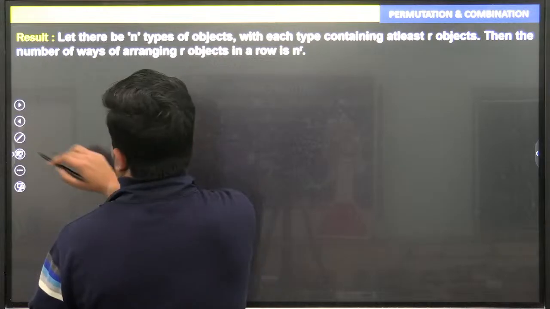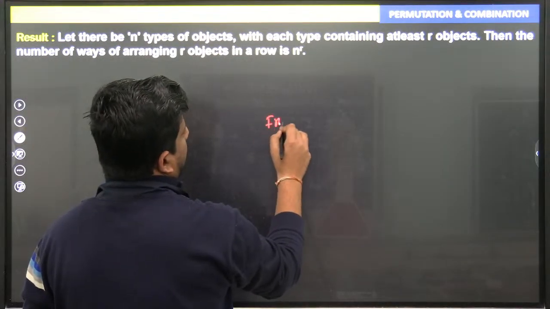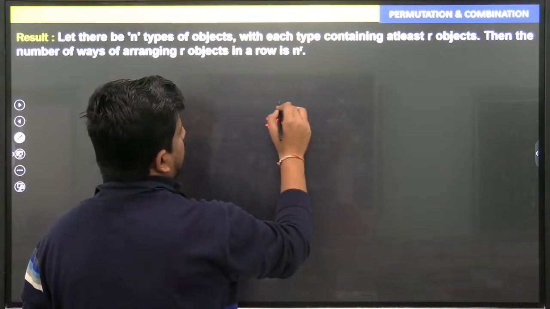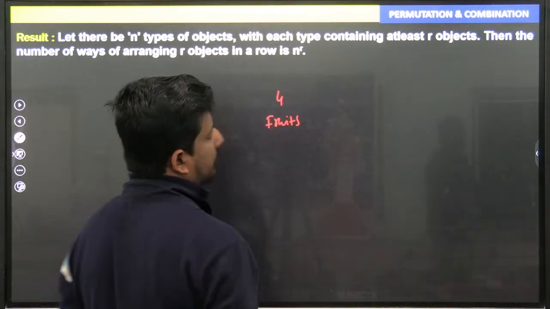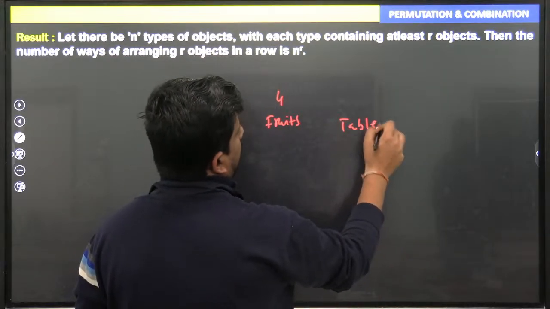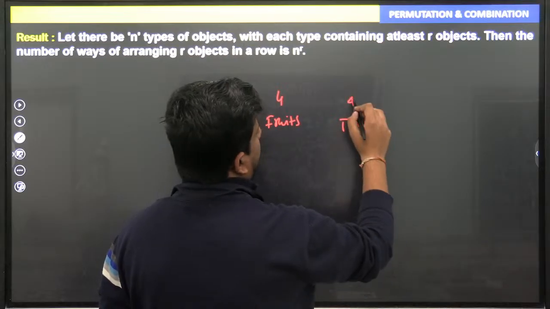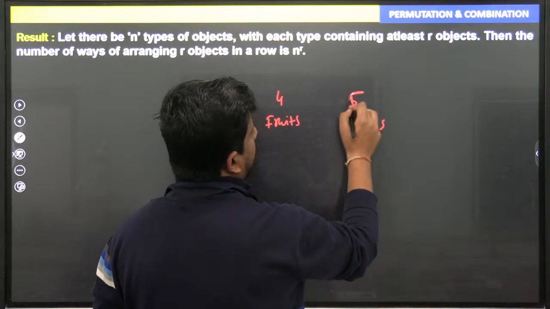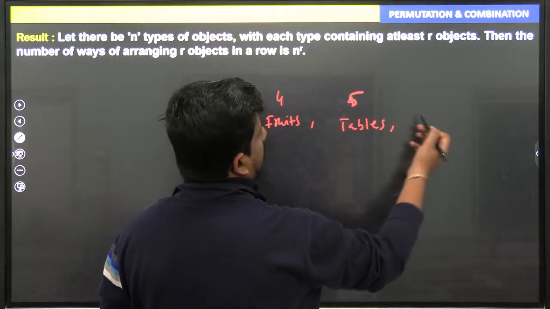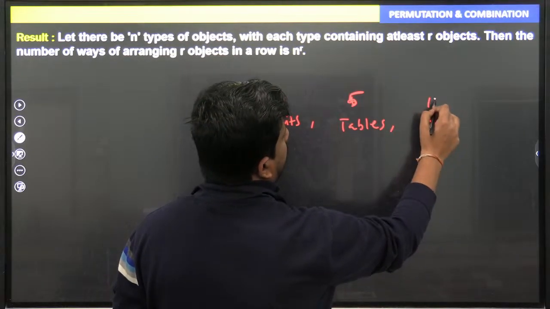Let us assume that we have three types of objects. One kind is fruits, and let us assume we have four fruits. Then four tables and chairs, no, let us assume this is 5, more than 4, and then pens, let us say you have 10 pens.